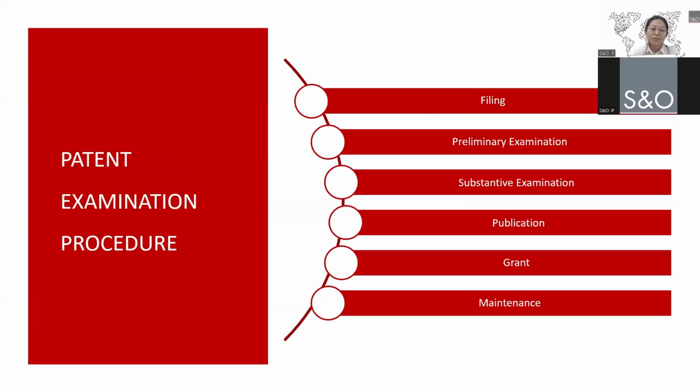Then, publication. Once an invention patent passed the examination, it is disclosed for public. Then granted right. If the patent meets all requirements, Patent Office grants a patent and issues a patent certificate to the client. The last, maintenance fee.